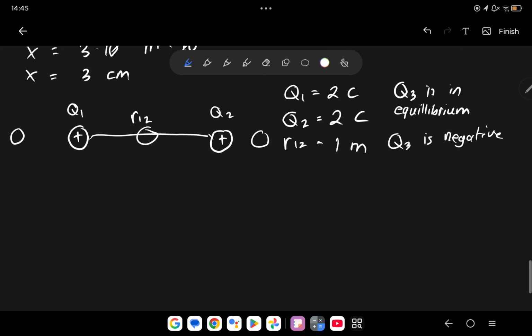Okay, let's imagine the first one. We know Q3 is negatively charged. If it was on the left, it will get pulled by Q1 and Q2. Let's recap. This is Q3, and then there's Q1.